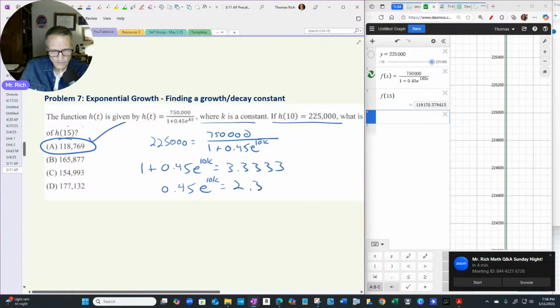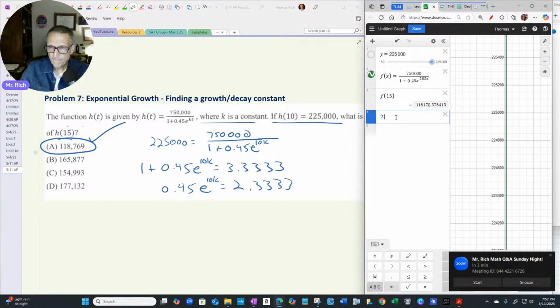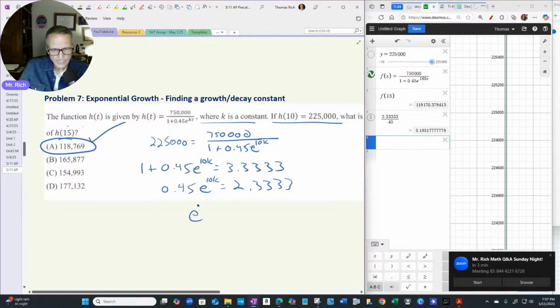Now we're going to take the 2.333 and divide it by 0.45. And we get that. So now e to the 10k is equal to 5.1852.